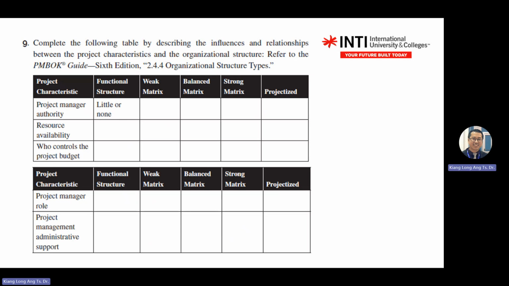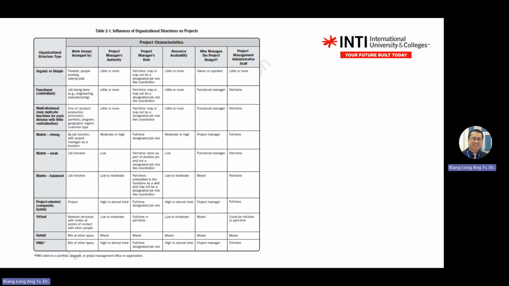Relationship between characteristics and structure. So project characteristics is here, and the organization structure. In the PM Book there's a lot, two pages of table. This one is only part of it. Go and read. These are the tables inside the PM Book.